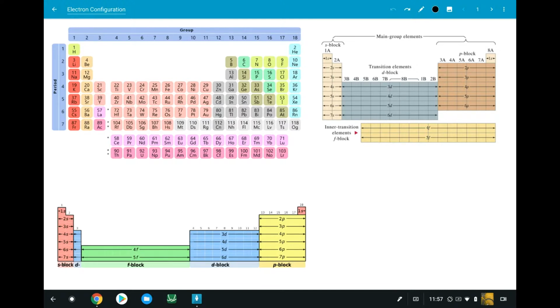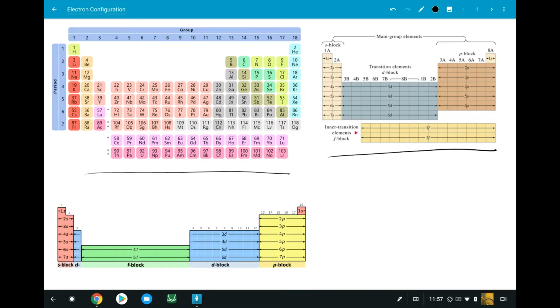First of all, we have our traditional periodic table here on the left-hand corner, and each square is like a seating chart for an electron for a particular atom. Hopefully your teacher has discussed what s, p, and d orbitals are. If you go to the right here, this particular periodic table follows the traditional one.